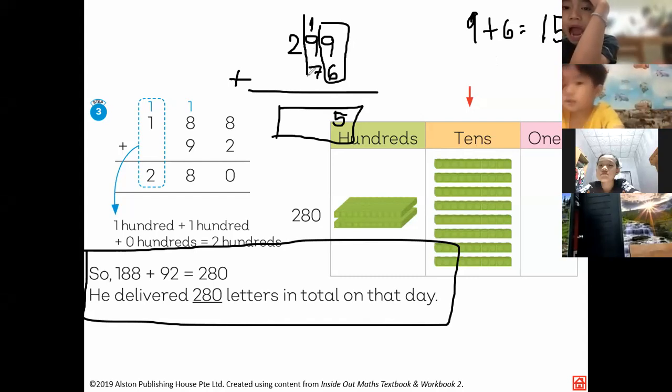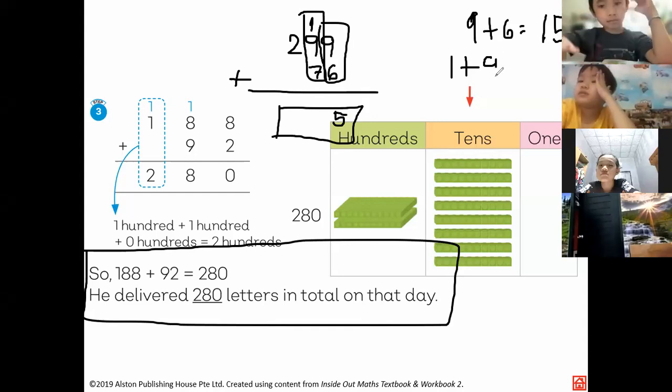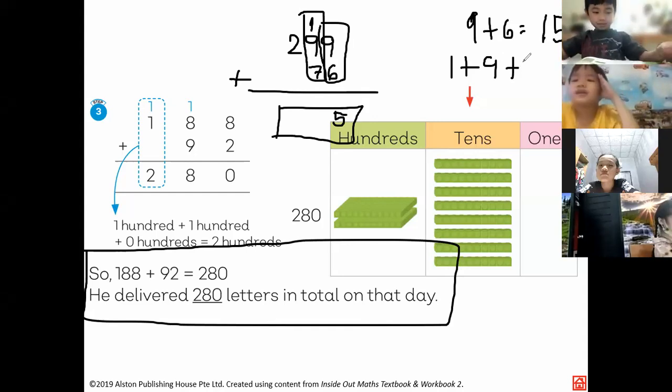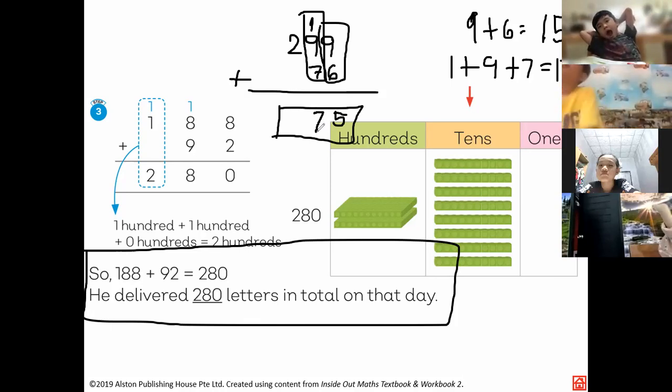Okay, next. We will add the numbers in the tens place. So 1 plus 9 plus 7 equals 17, right? So we will put 7 over here. And let's put 1 up here.